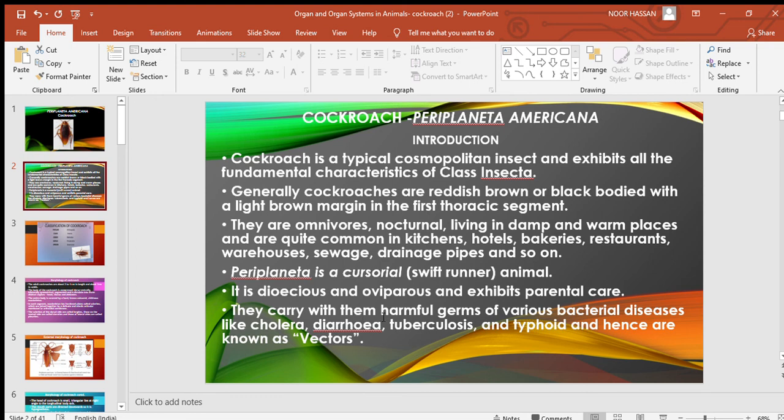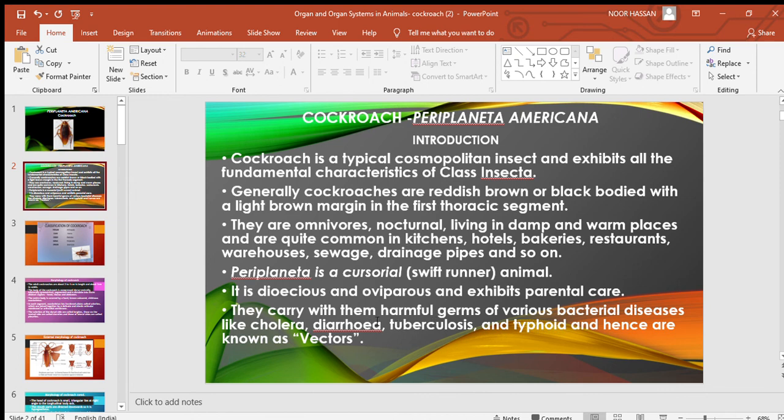They carry with them harmful germs of various bacterial diseases like cholera, diarrhea, tuberculosis, and typhoid, and hence they are known as vectors. They carry harmful bacteria because these insects are provided with hairy legs, so germs can be easily carried by the hairy legs of these animals.